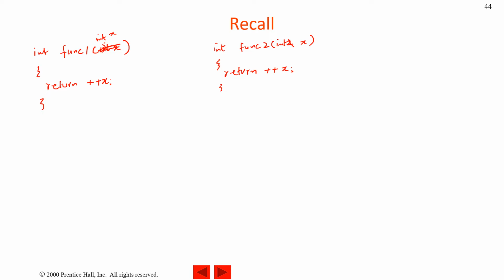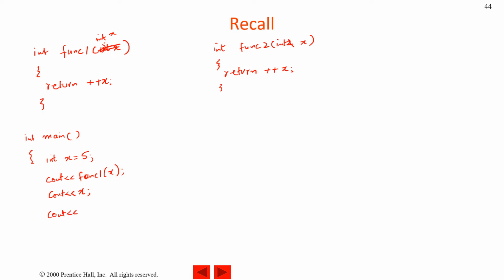Just to recall, we have studied it already in the last lecture. So let's try int main. Here I have int x is equal to, let's say, 5, and let me try cout function 1 with x, and then cout x again to see whether the value has changed or not, and then call the second function.